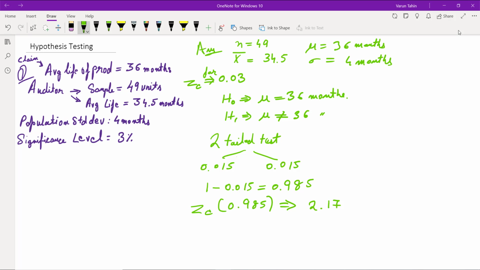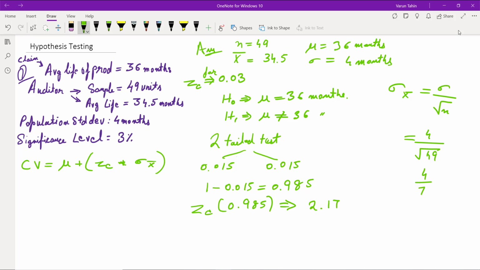So the next thing is we need to calculate the critical values. The critical value formula is CV equals mu plus ZC into standard error. The standard error, guys, is sigma by square root n, which is 4 by square root of 49, or 4 by 7.